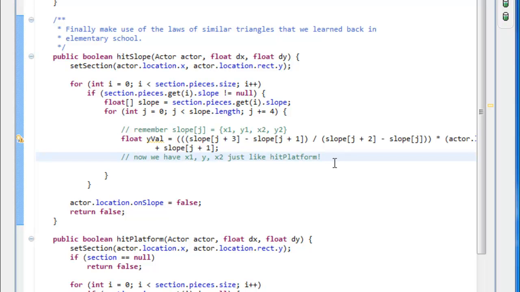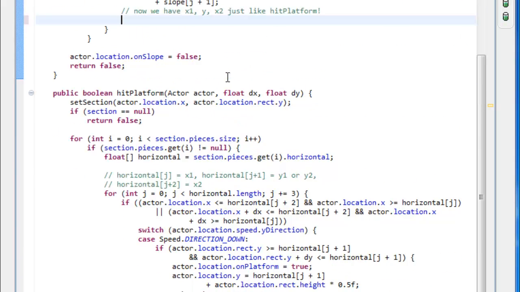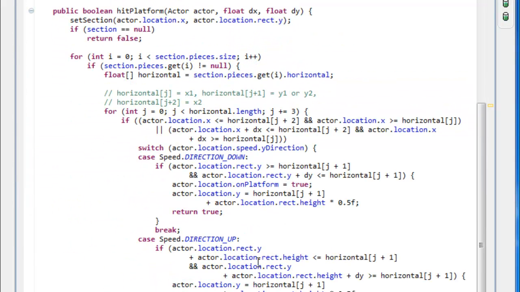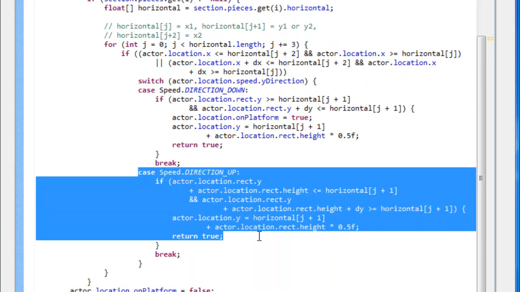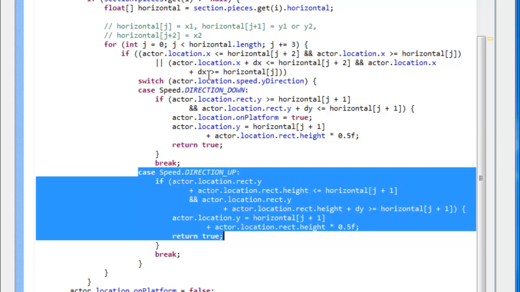Now that we have the y-val, we're going to do something very similar to hit platform, but not quite. It's actually going to be a lot easier now that we have this. We're not going to care about the direction up, because if we are under a slope and we jump up, we want to ignore the ceiling.